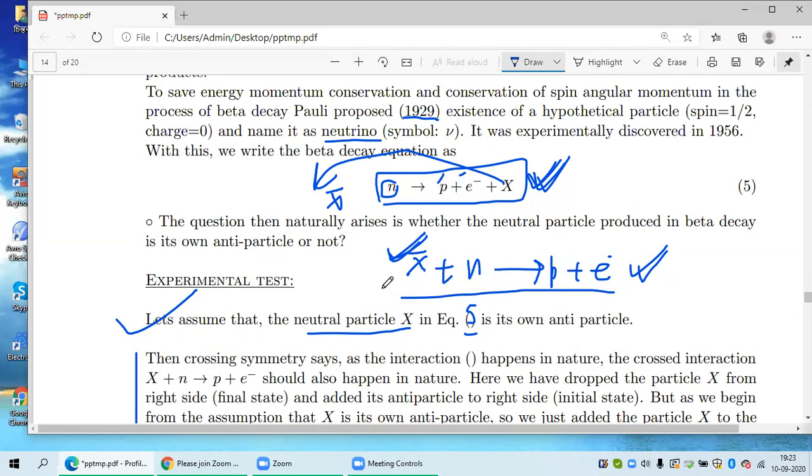So there will not be any problem with energy and momentum conservation. If it doesn't happen at small energies, you give them higher energy so that the reaction can happen. It is energetically possible. That's all. But so far as quantum number conservation is concerned, because energy is in your hand, you can control the energy and momentum of the particles. If it doesn't happen at smaller energies, you give them higher energy so that it can happen.